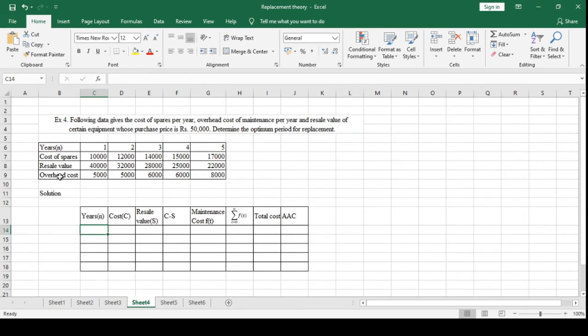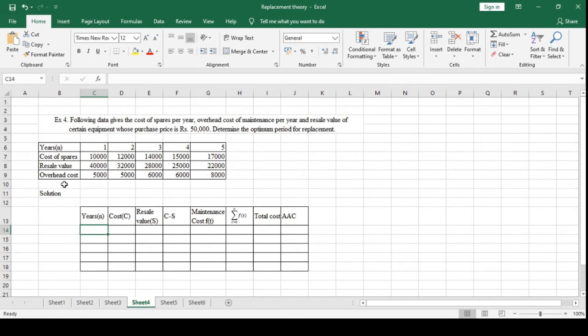So what will be your maintenance cost? Ultimately your maintenance cost will be the summation of cost of spares and overhead cost. Why? Because cost of spares is the amount of money required to purchase these spare parts, and overhead cost is your operating cost. So both will combine to give us the maintenance value. Okay, so this is the basic difference.